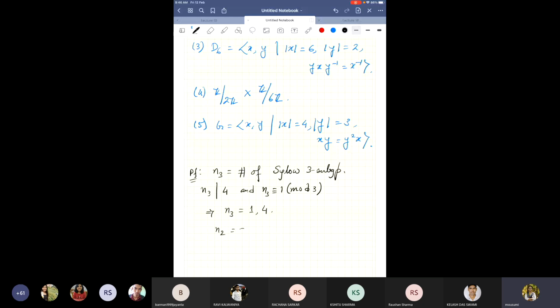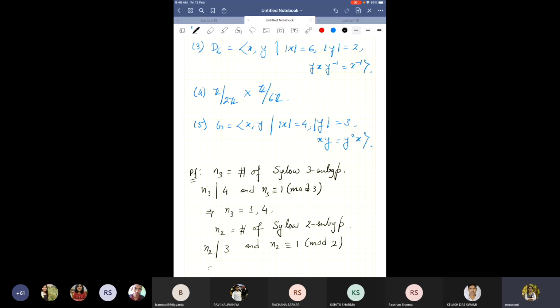Similarly, N2 is the number of Sylow 2 subgroups. N2 divides 3 and also N2 is congruent to 1 mod 2.